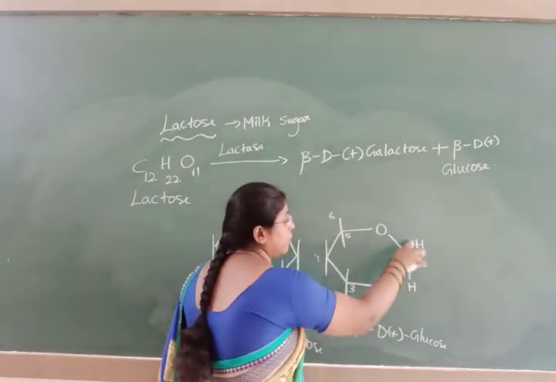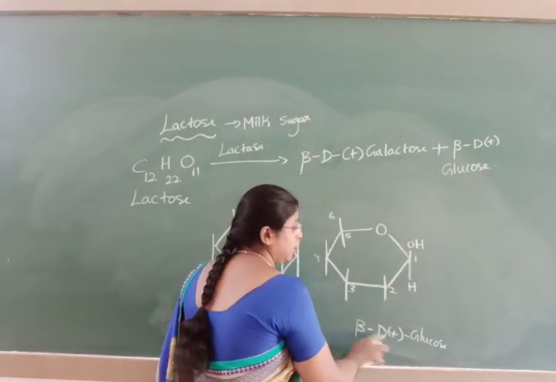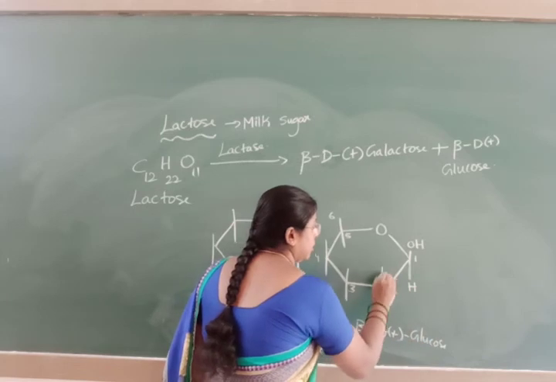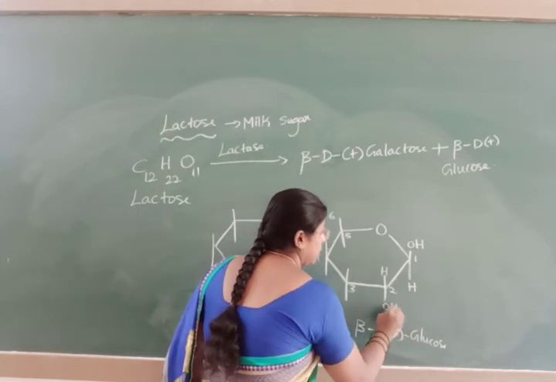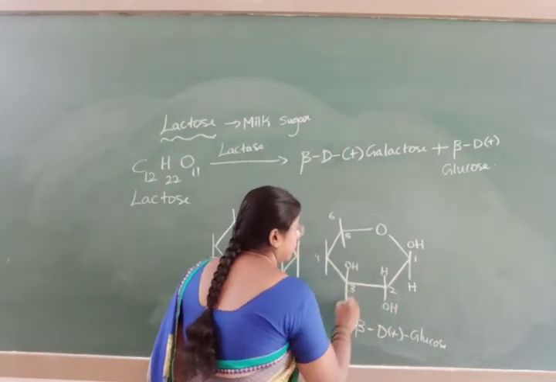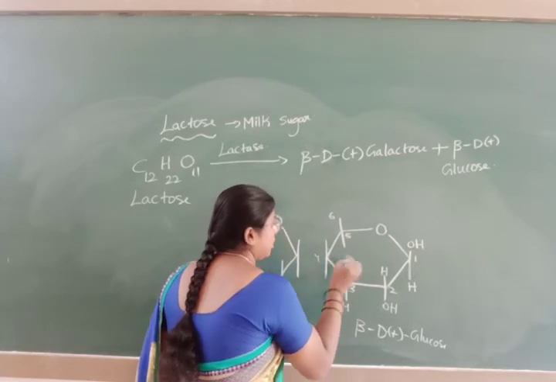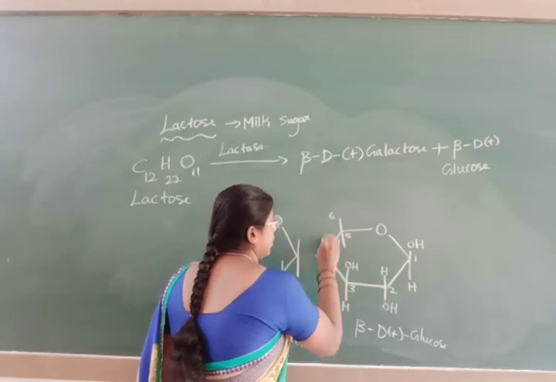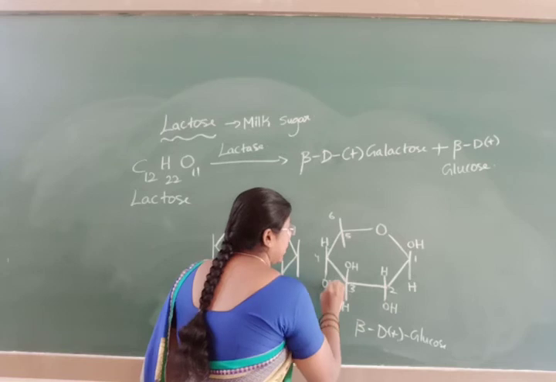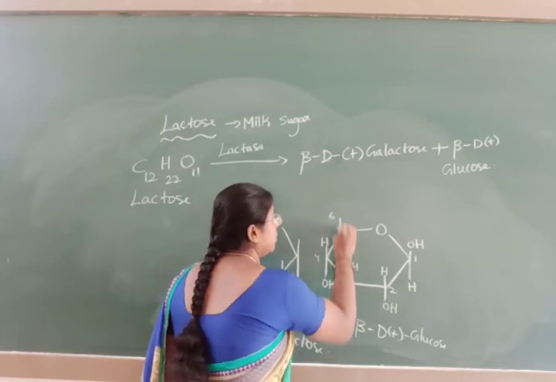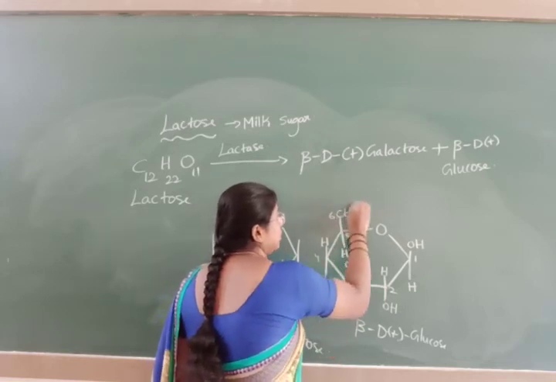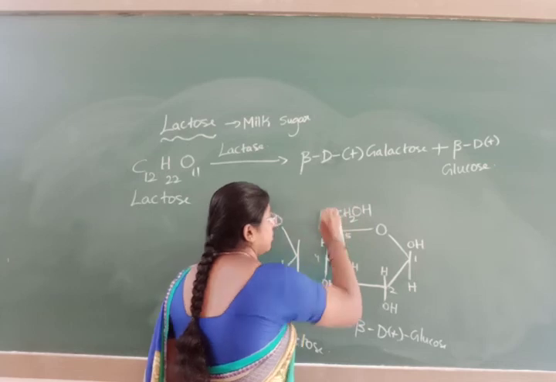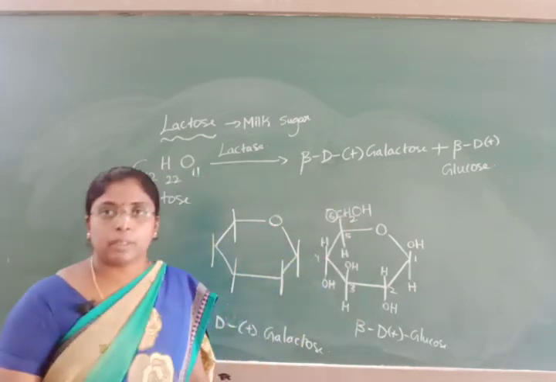HOH was alpha, OHH is the beta D plus glucose. Second carbon same HOH, third will be OHH, fourth will be HOH and fifth will be H above, and sixth will be CH2OH. This is the beta D plus glucose.